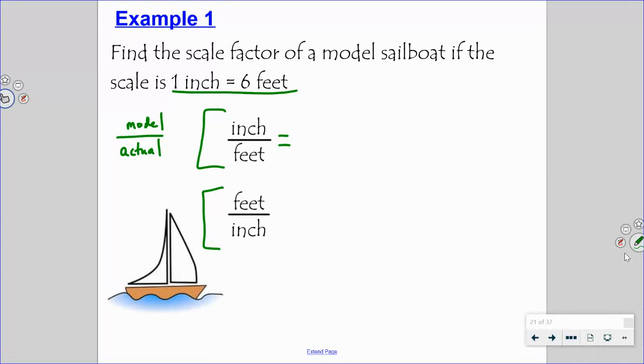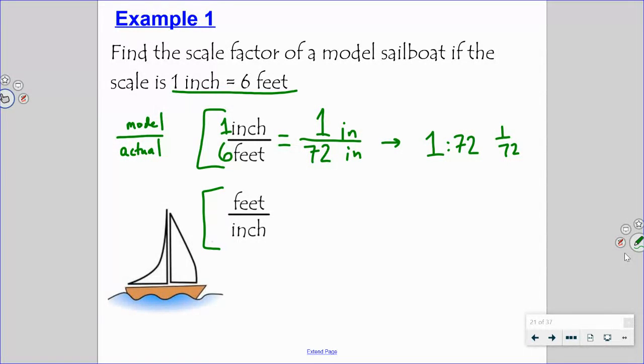So let me go ahead and write inches to inches. 1 inch doesn't change, but look, this is supposed to be 6 feet. So 6 feet times 12 inches per foot, that'd be 72, which means the ratio is 1 to 72. Or yes, you could write it with the fractional bar in between.